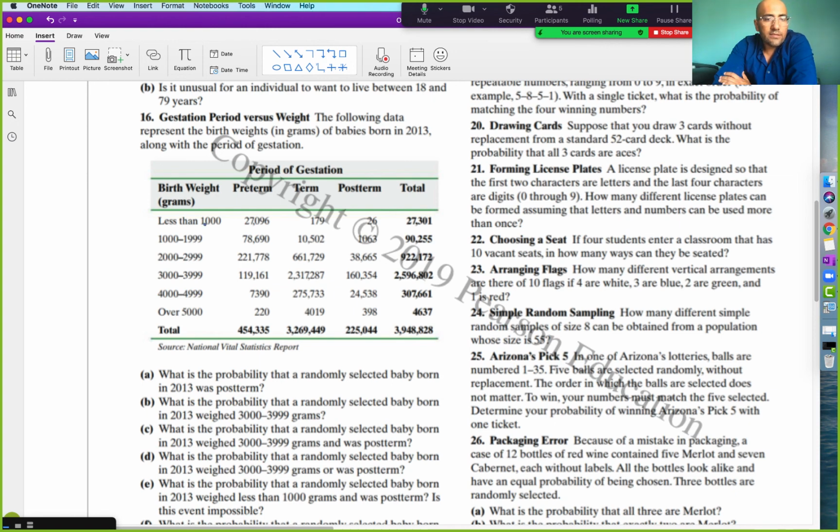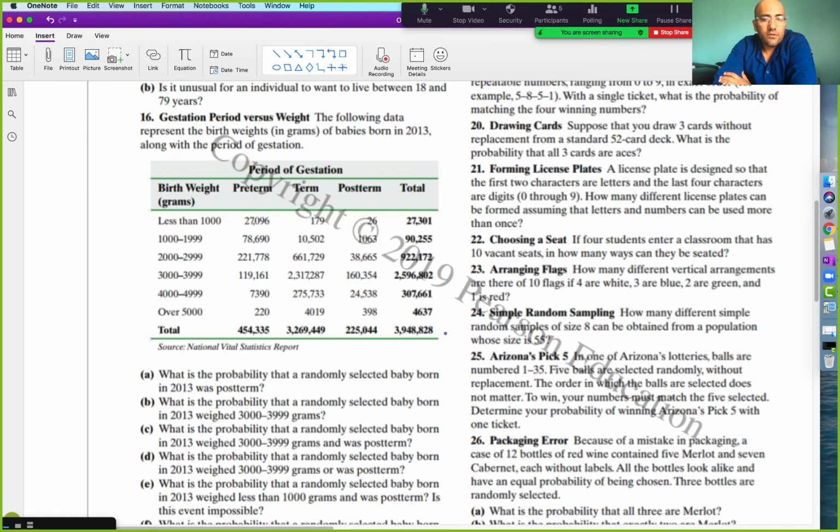So here are birth weights less than 1,000 grams, between 1,000 and 1,999 grams, between 2,000 and 2,999 grams. Okay, so we have various weights of the babies. And then we have the numbers of babies that fall in those categories based on whether they went to term, post-term, and then preterm.